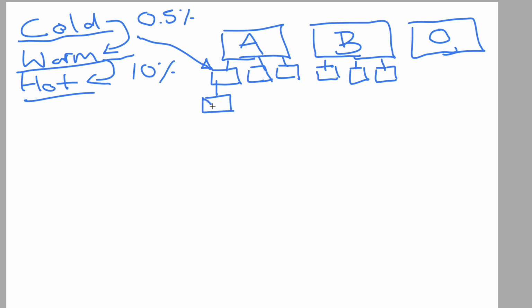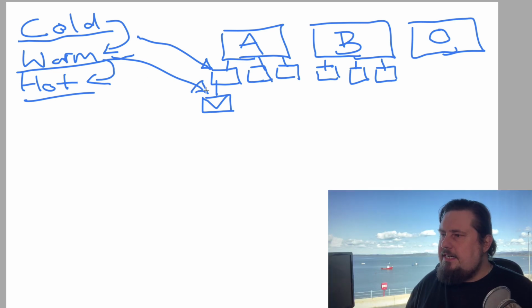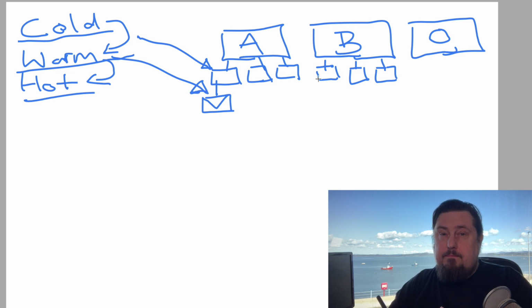So let me draw on a little envelope there for email. So the second they opt into your email list, they are warm traffic. Let me clear this up a little bit so we can see it properly. So they opt in and become warm. So hopefully you can see that we now have two types of traffic active on one page.